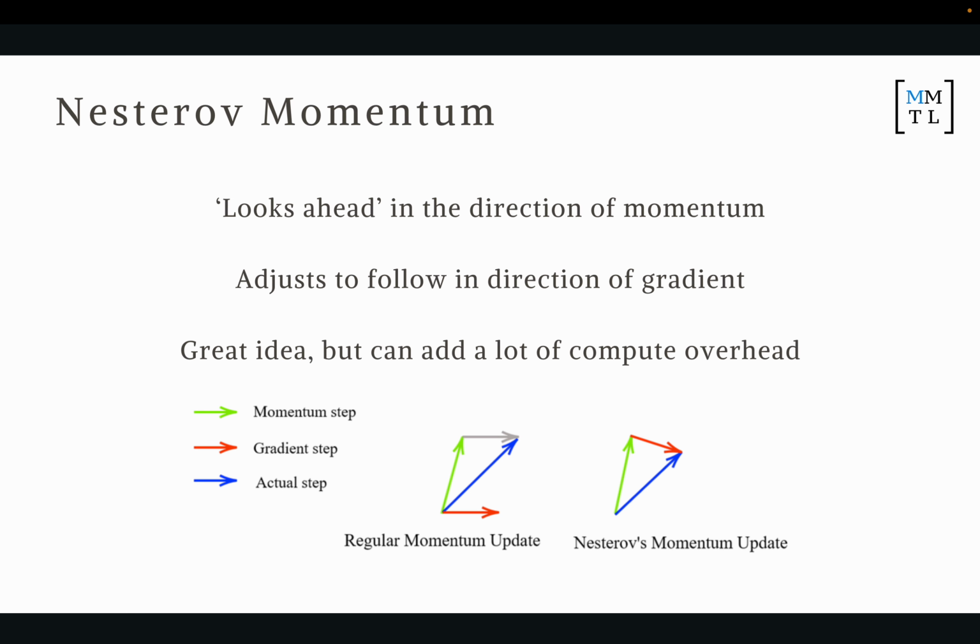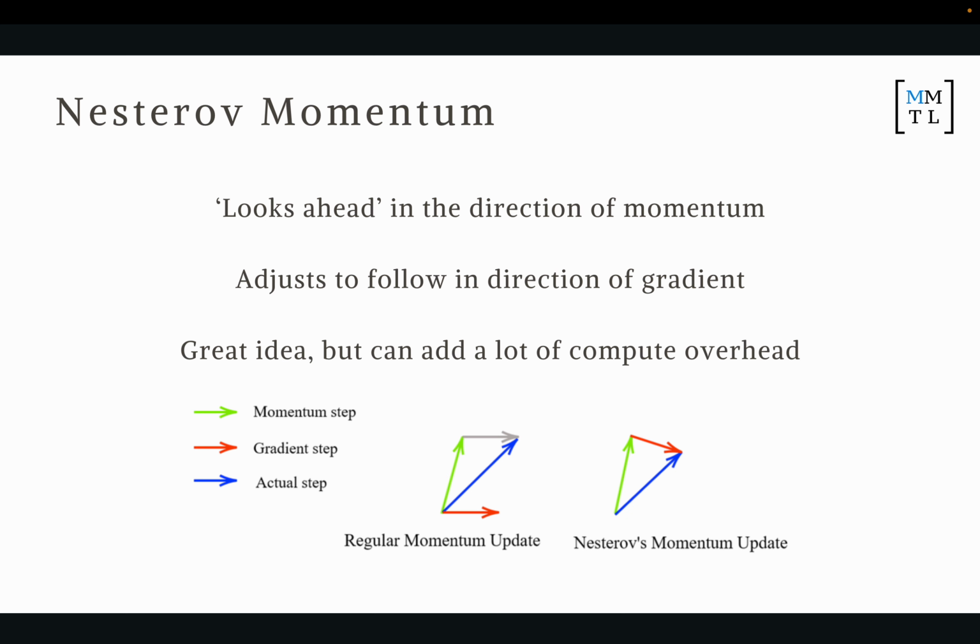In regular momentum, say you previously stepped this way, and now you're stepping this way, right? So the gradient, you basically just correct, and take an average there. For Nesterov momentum, this is your actual step, this is your momentum step, and so you'd correct in the middle there, right? It's slightly different, so instead of using information from the past, you're using information from the future, right?